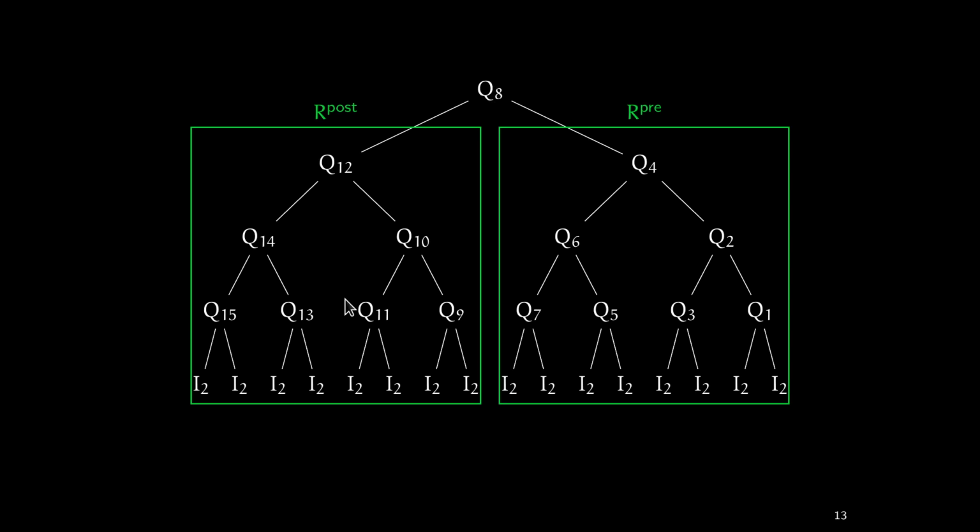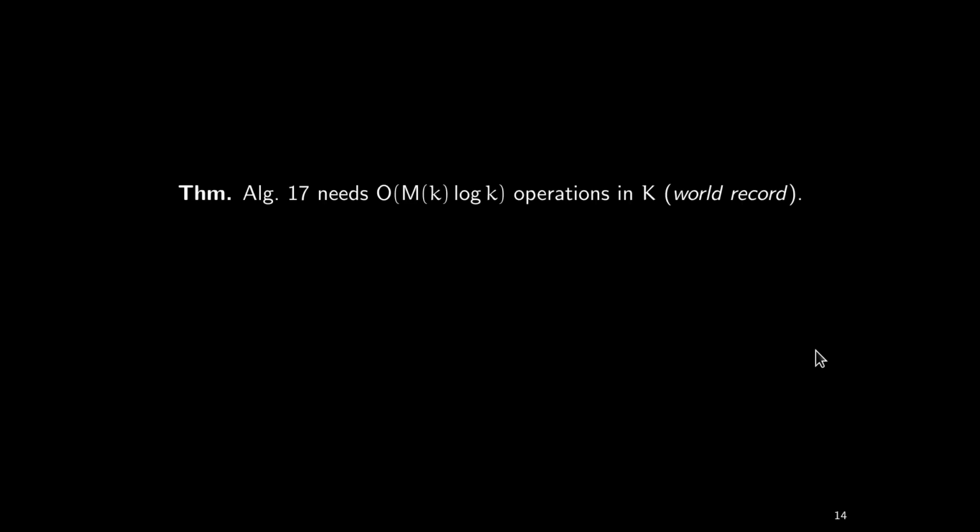When I now have read the product from right to left. All right. It is unnecessary at this point to argue that this algorithm is fast. It requires a computation time of M(k) log k operations in the ground field, and that's again a world record.